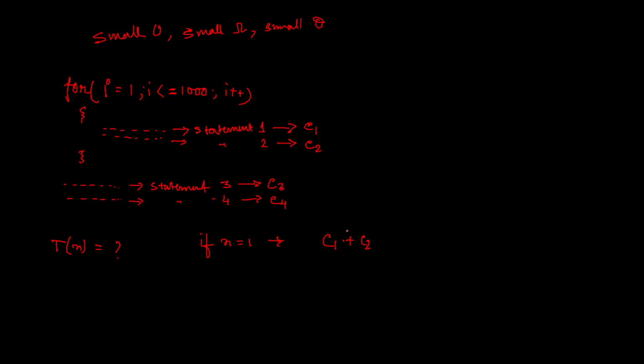Suppose C1 plus C2 equal to C dash. So if n equal to 1, it will take C dash into 1 plus these two constants, which as a whole I am considering C. C3 plus C4 is almost equal to C. So for n equal to 1, it takes C dash into 1 plus C amount of time.